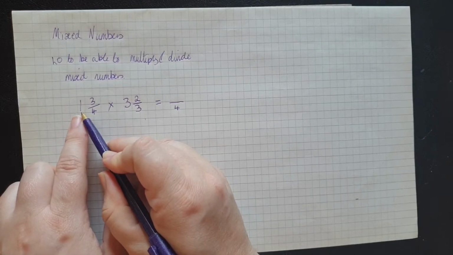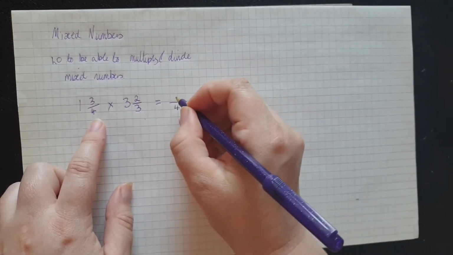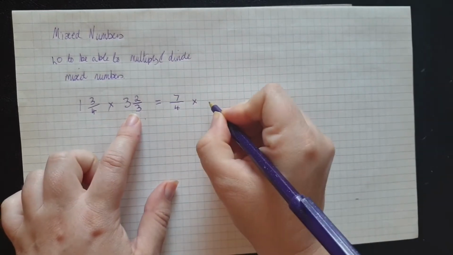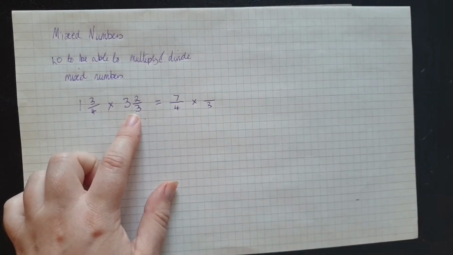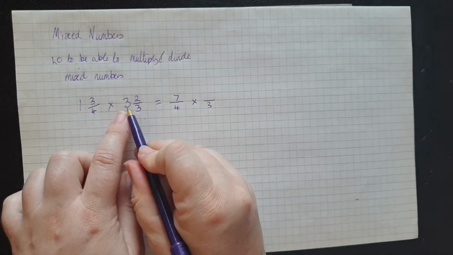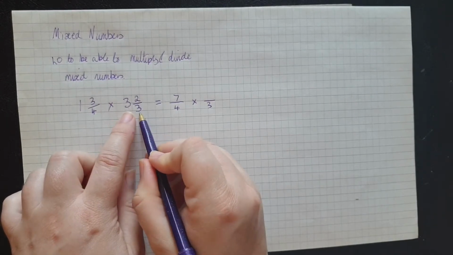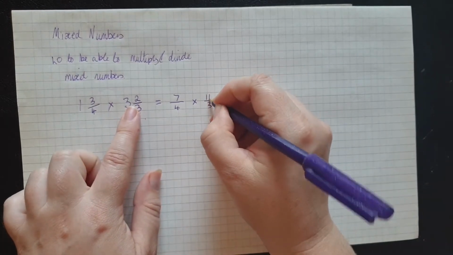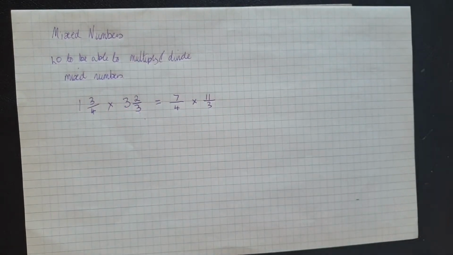A whole gives me 4/4, plus another 3/4 is 7/4. And I'm going to be multiplying that by how many thirds? Well, 3 whole numbers in thirds is 9. 3 times 3 is 9, plus 2 is 11. So that's your first step there.